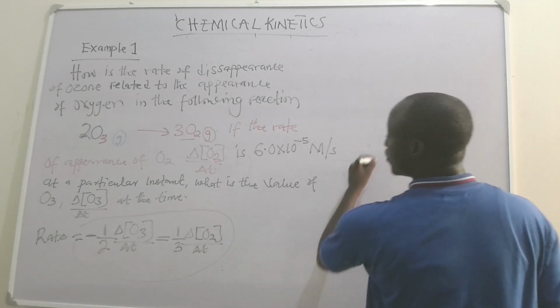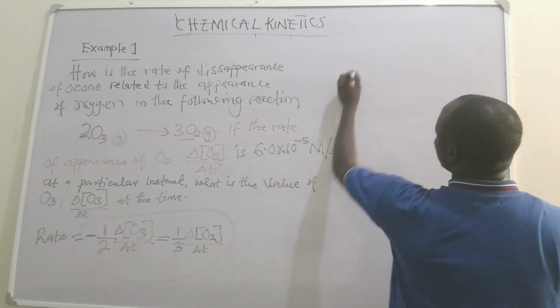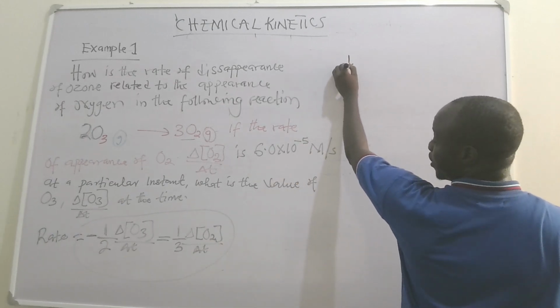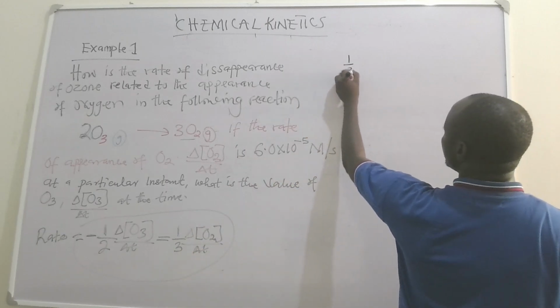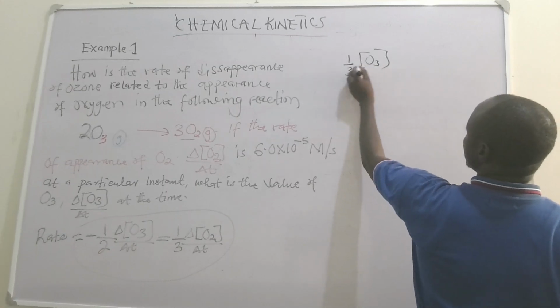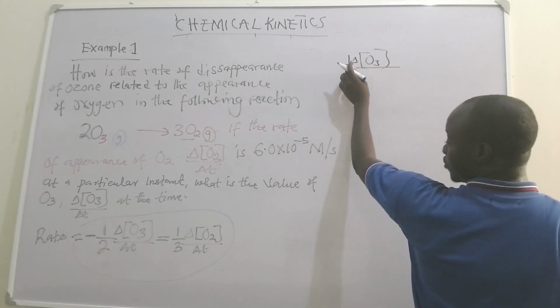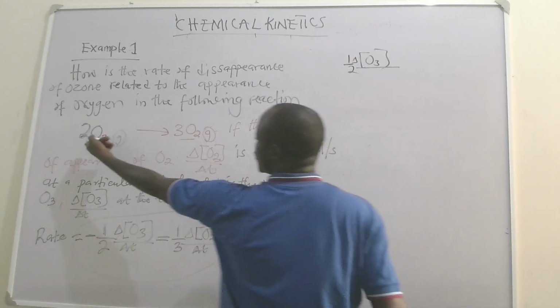So that's the top second components. Then we are now going to say, for the ozone, we have 1 over 2, because it is 2 here.